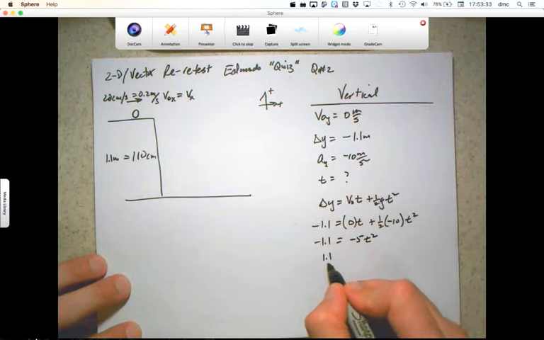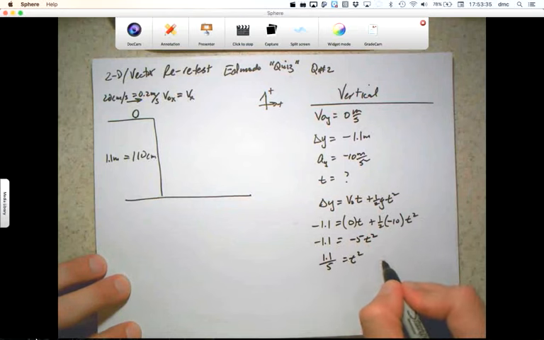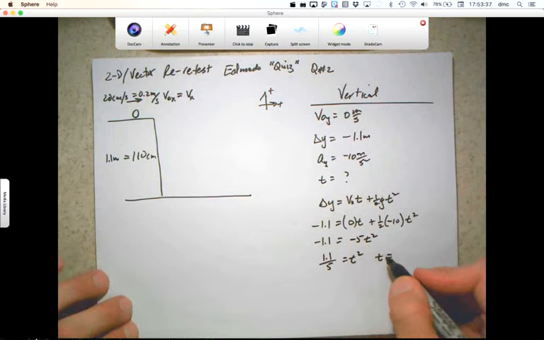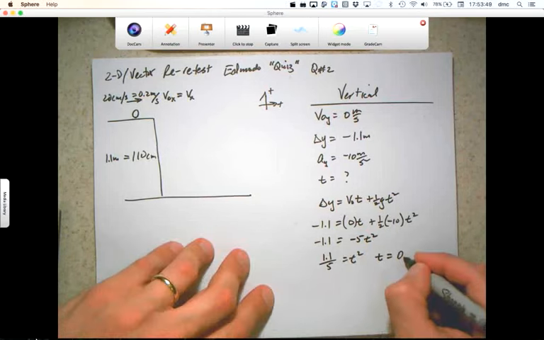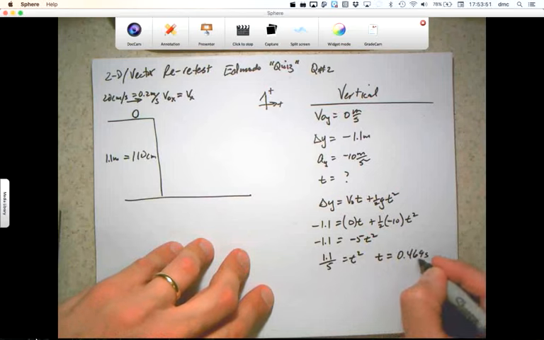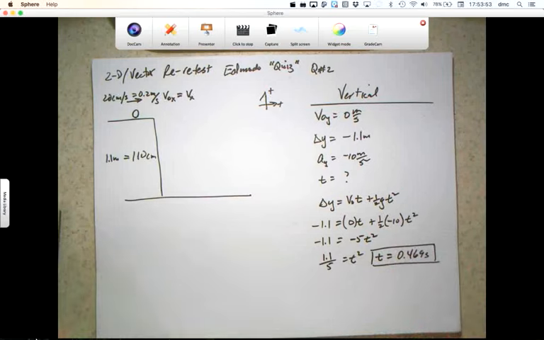So 1.1 divided by 5 equals t squared. So t equals the square root of 1.1 over 5, which is 0.469. So 0.469 seconds. There's the answer to the first one.